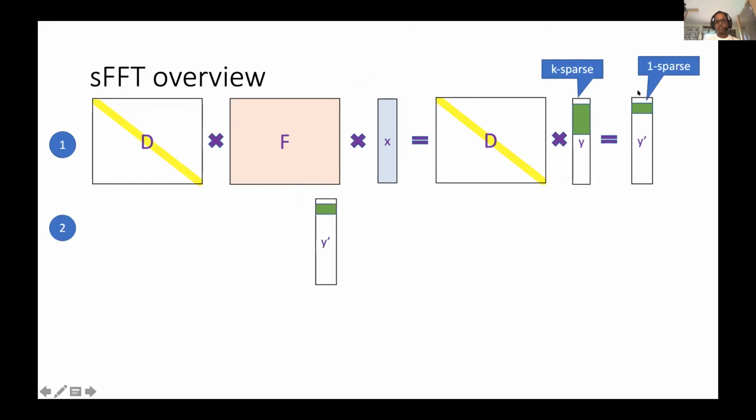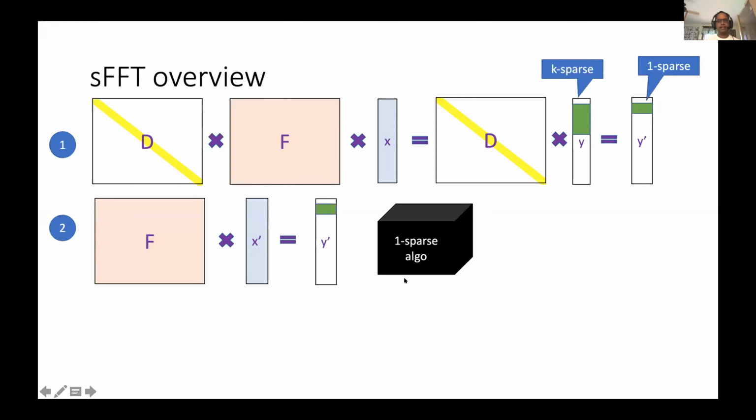Now I have this one-sparse vector, say y prime, and since F is orthogonal, there exists some x prime such that F times x prime is equal to y prime. At an intuitive level, the idea is we're going to use a one-sparse algorithm as a black box to figure out y prime.